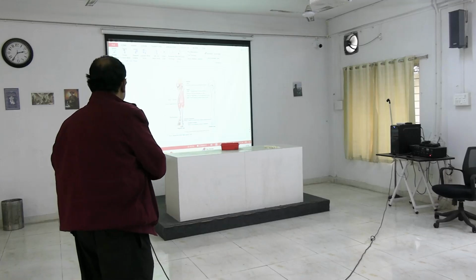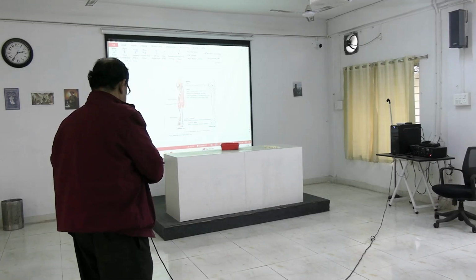So you can see most superficially the gastrocnemius, then the soleus.